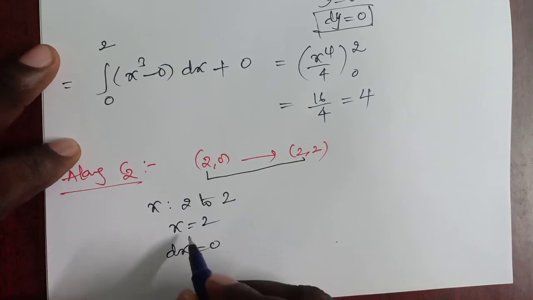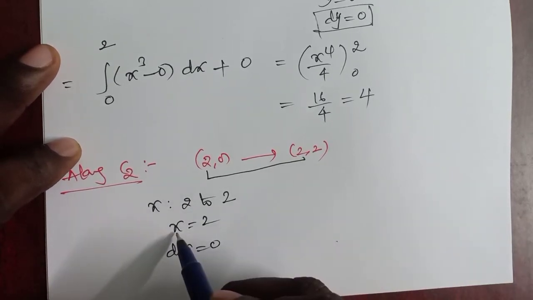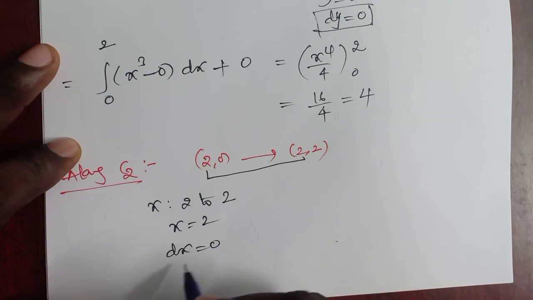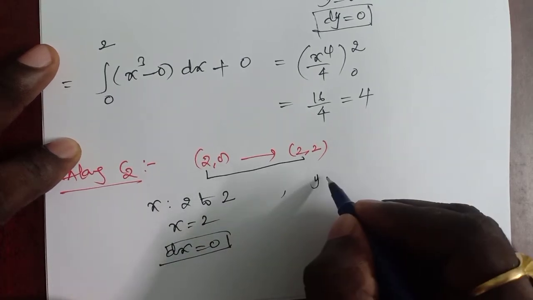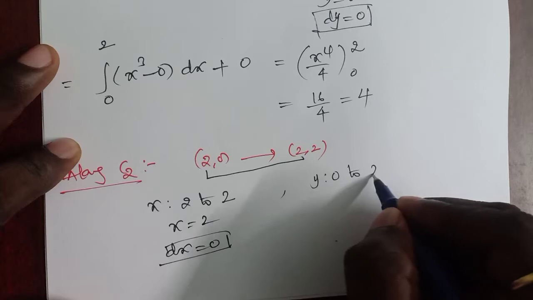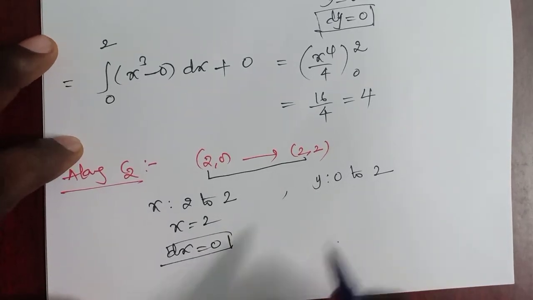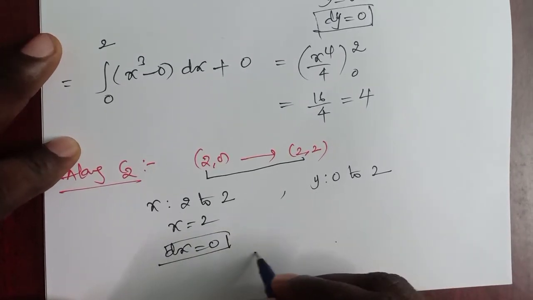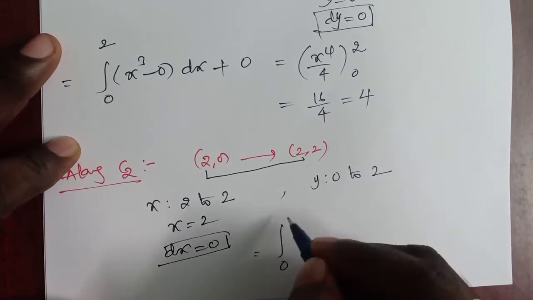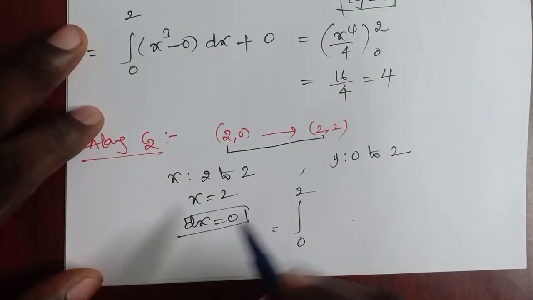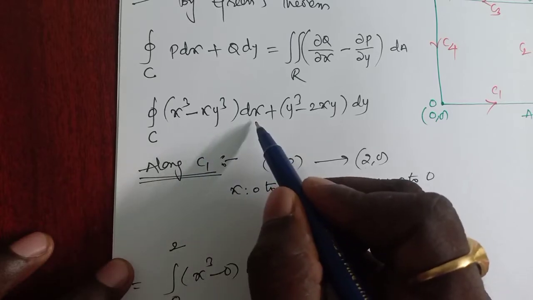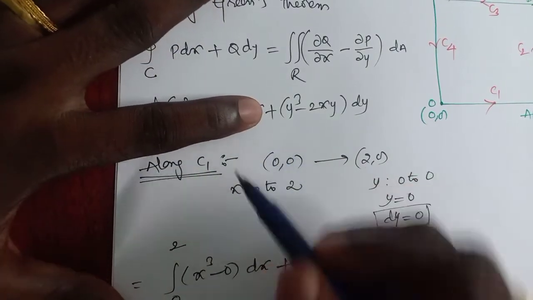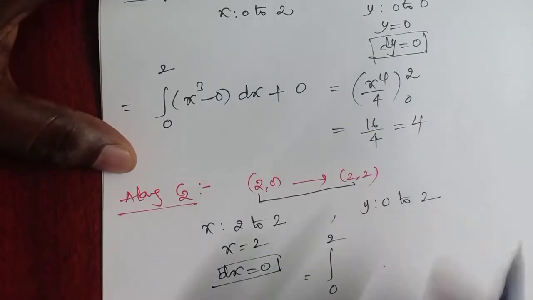It is equal to 0, or else the derivative of x is dx and the derivative of a constant is equal to 0. And y ranges from 0 to 2. Okay, now coming to the line integral, integration from 0 to 2, dx is 0, so the entire first term is 0.